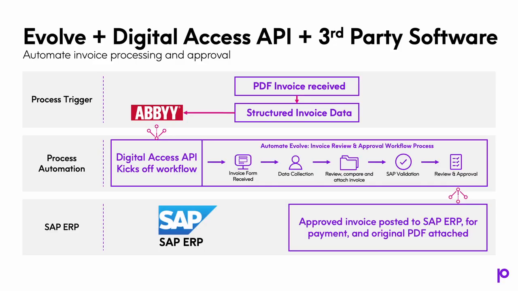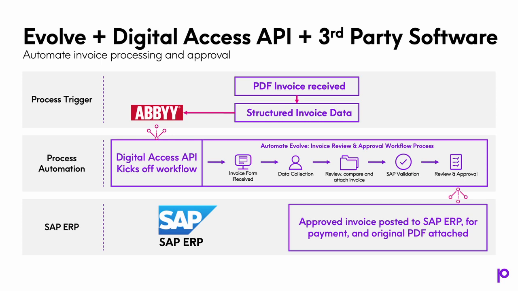Another example of a process would be something like invoice processing, where you're going to receive that invoice as a PDF or an email, and it's going to go through something like ABBYY, which is going to take that unstructured data and turn it into structured data. And then ABBYY is going to call the Digital Access API and again, start that workflow process.